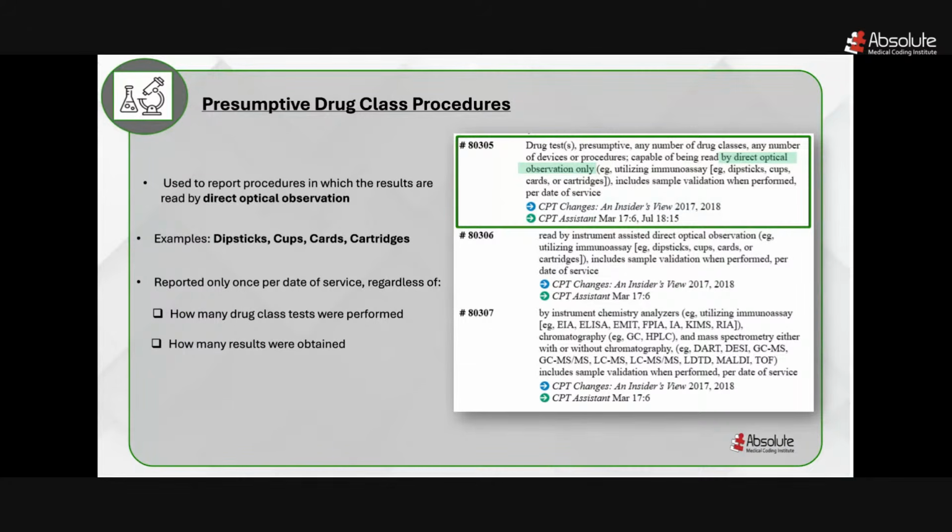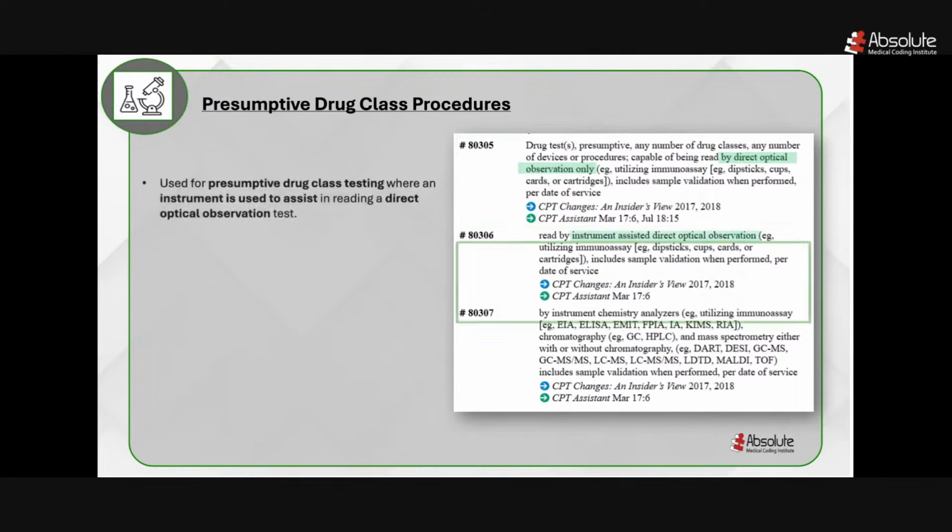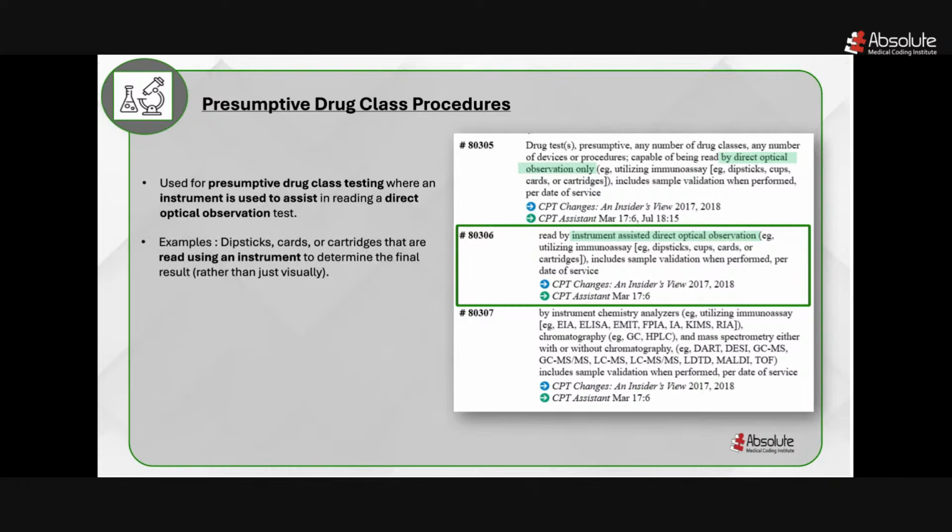Okay, now let's move on to 80306, the next code in presumptive drug class testing. These are used when an instrument helps to determine the result of direct optical observation. Examples include the dipstick, the card, and cartridges.